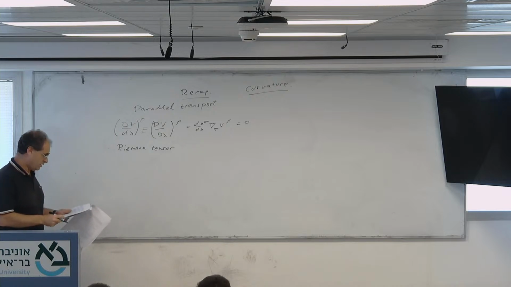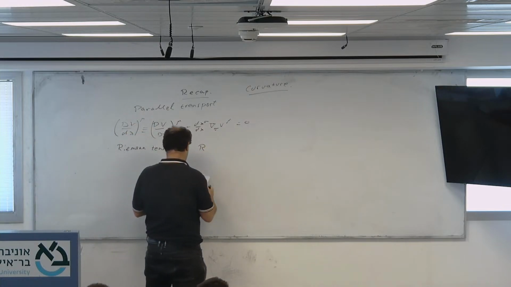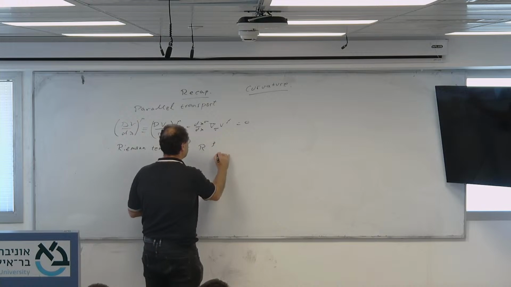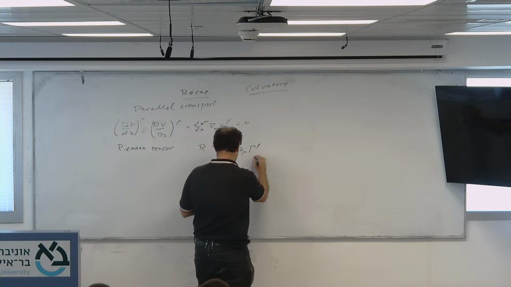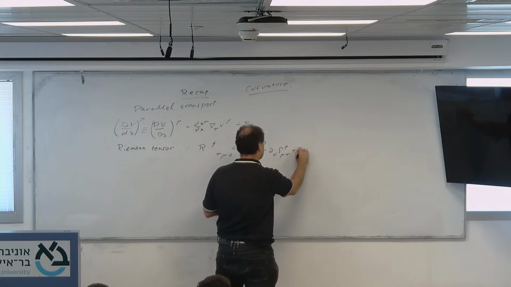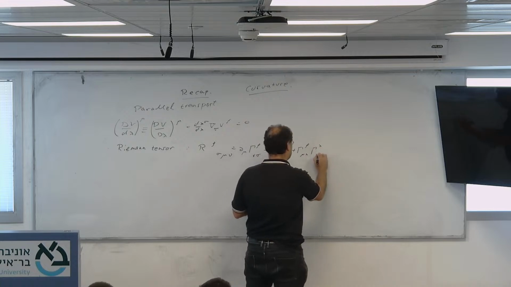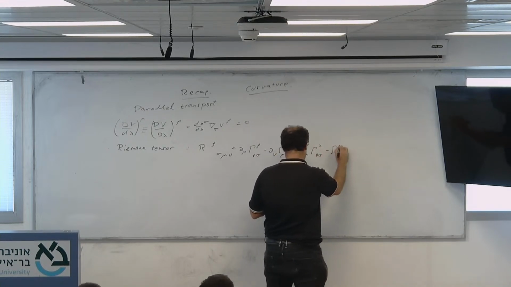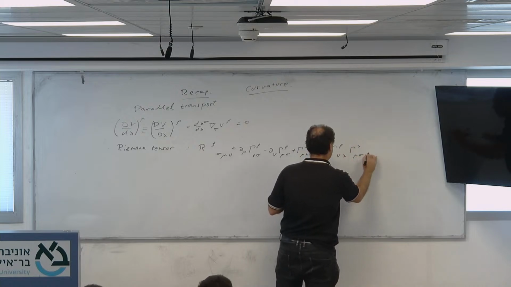Which is a 1-3 tensor. R^rho_sigma mu nu is d_mu Gamma^rho_nu sigma minus d_nu Gamma^rho_mu sigma plus Gamma^rho_mu lambda Gamma^lambda_nu sigma minus Gamma^rho_nu lambda Gamma^lambda_mu sigma.